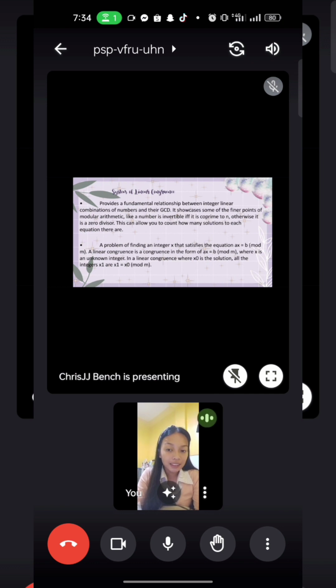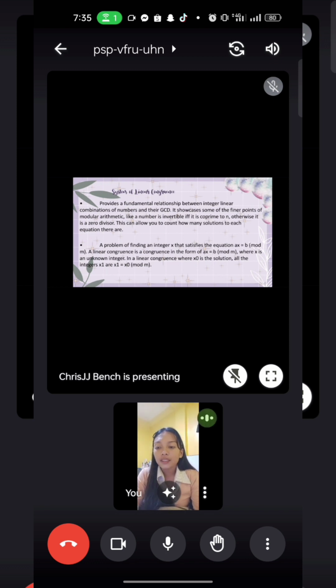It showcases some of the finer points of modular arithmetic, like a number is invertible if it is coprime to n; otherwise, it is a zero divisor. This allows you to count how many solutions each equation has. The problem is finding an integer x that satisfies ax ≡ b mod m.